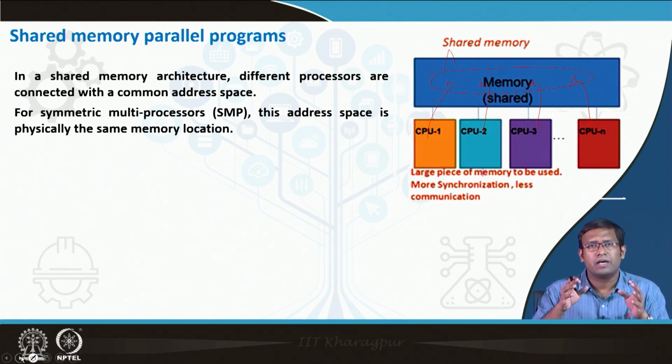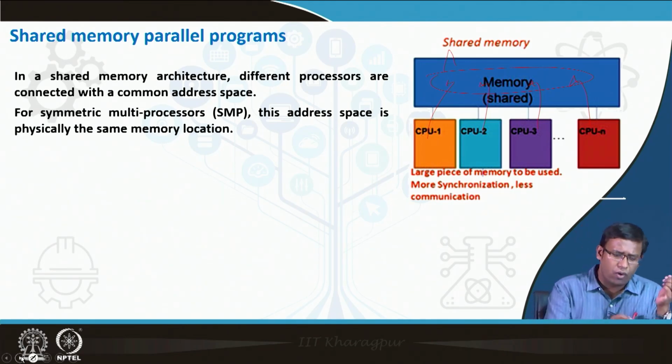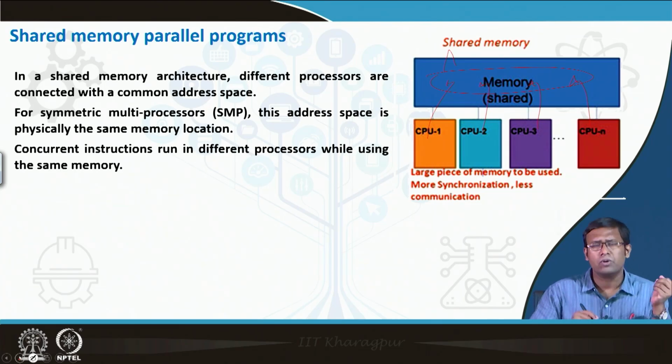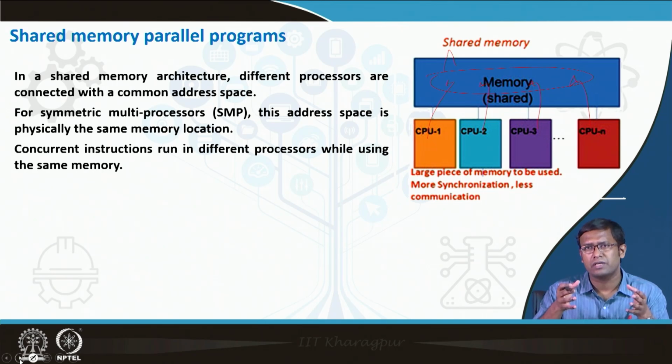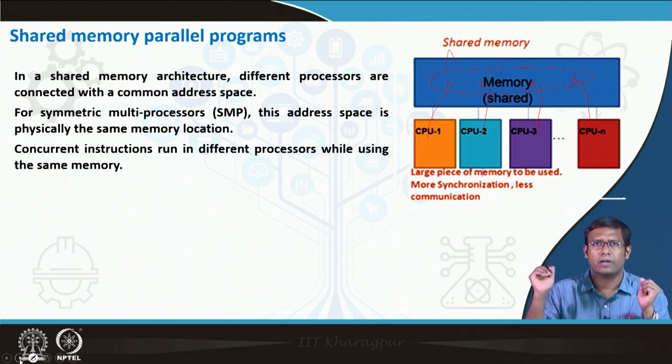So it can be a symmetric multiprocessor where they use physically the same memory, or the other one is a multiprocessor arrangement where non-uniform memory access is given. That means different computers are connected with different pieces of memory. However, these memories are in some way mapped to a global address space.